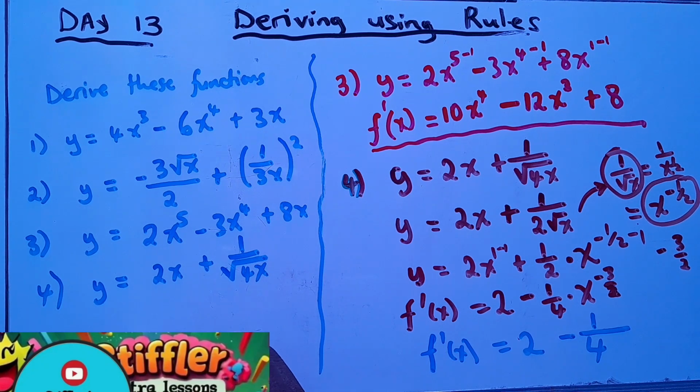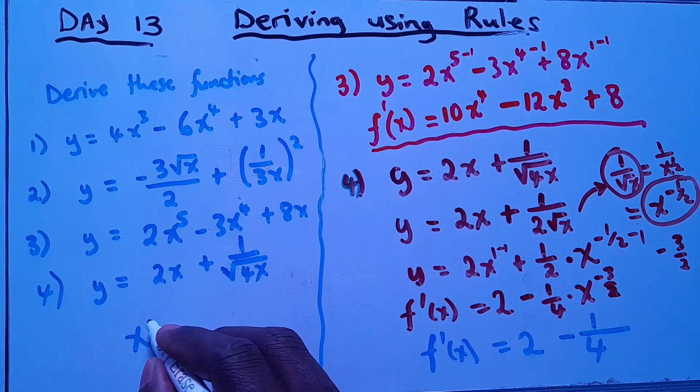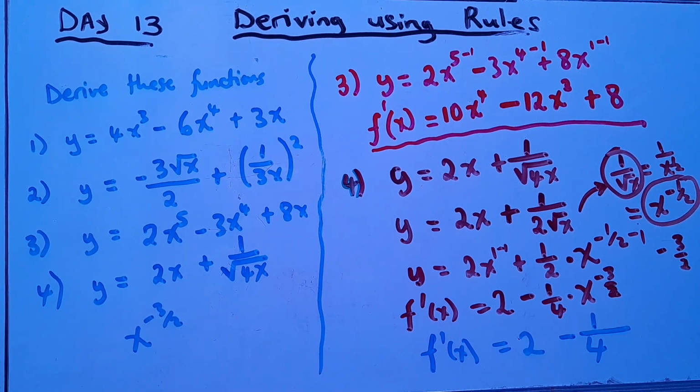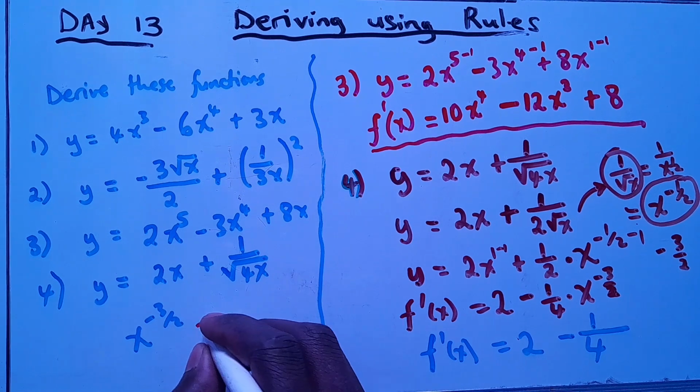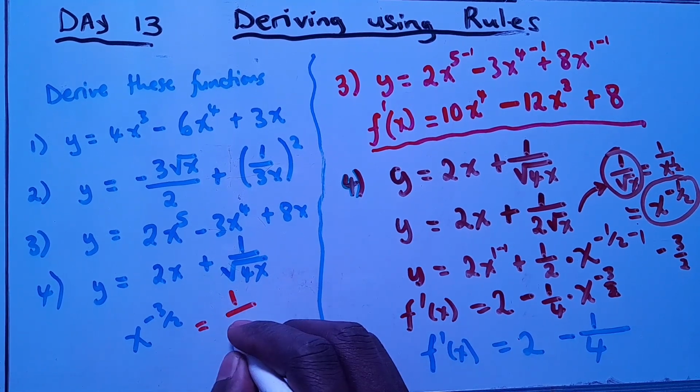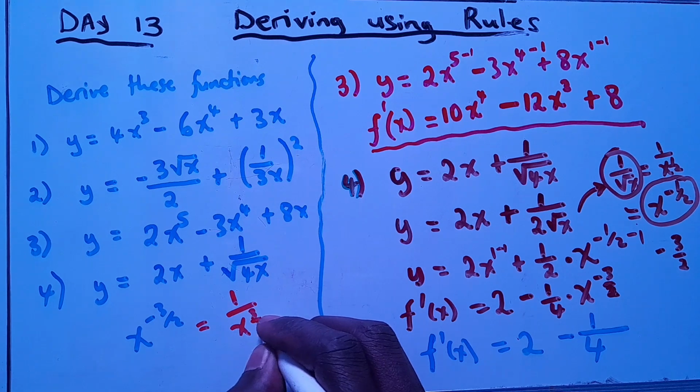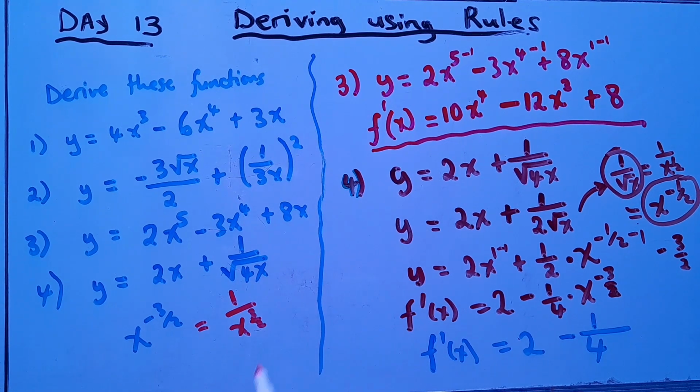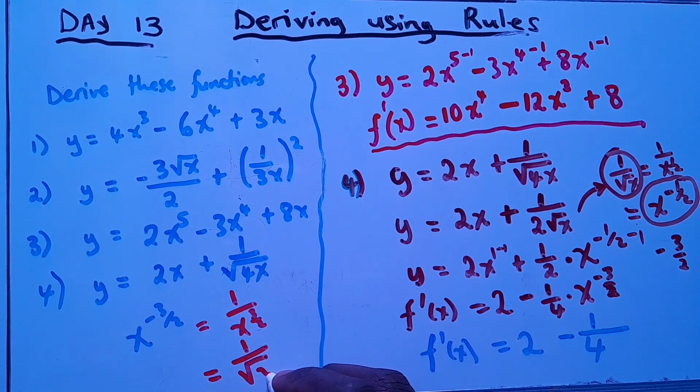So that is x to the power negative 3 over 2. So x to the power negative 3 over 2 is the same as saying 1 over x to the power 3 over 2, right? But this is also the same as saying 1 over the square root of x cubed.